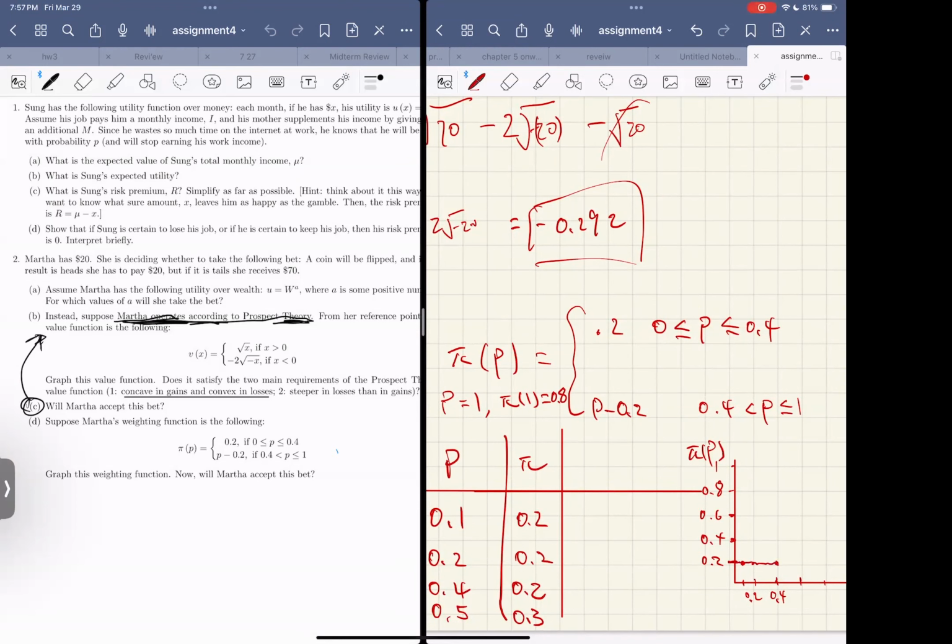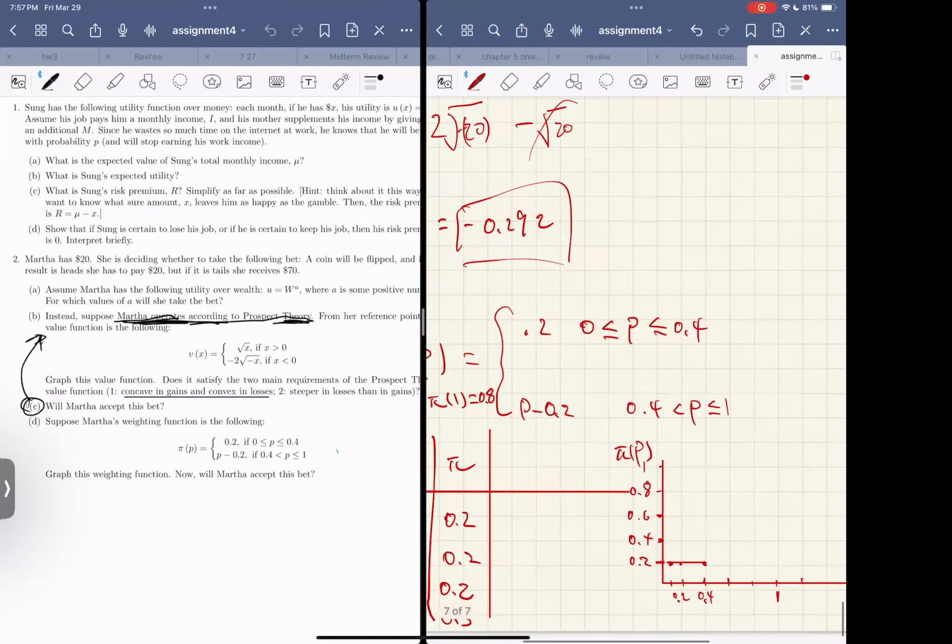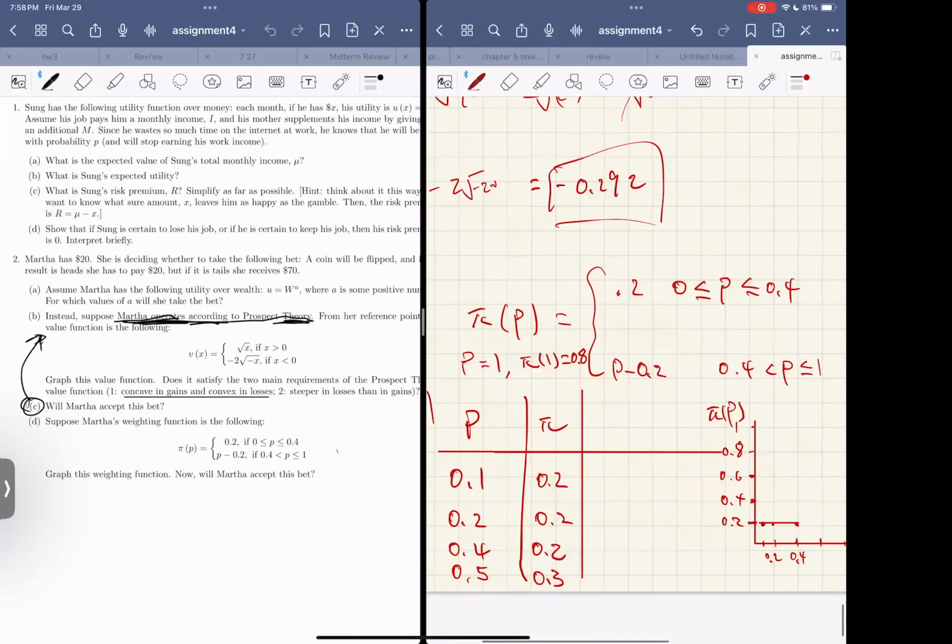So you draw a line here because probability is continuous. Well, I mean, it's not continuous, but the weight of probability is continuous. Because you can have a probability of 0 point something, and then you will still have a weight of 0.2. Okay, so you have 0.5.